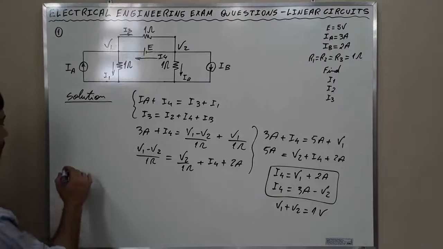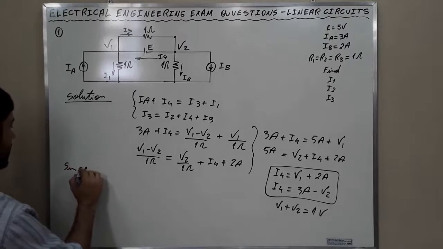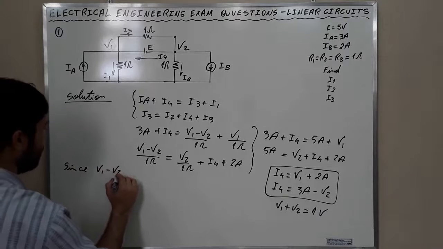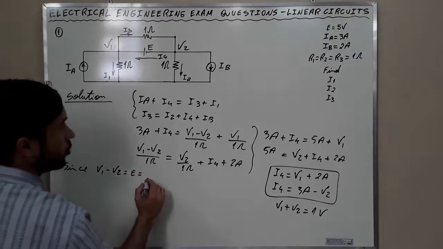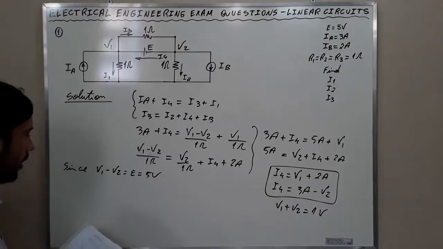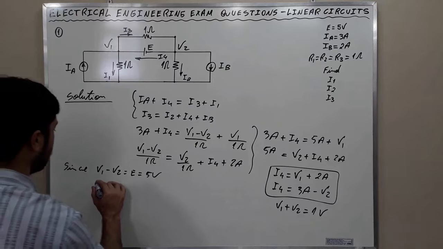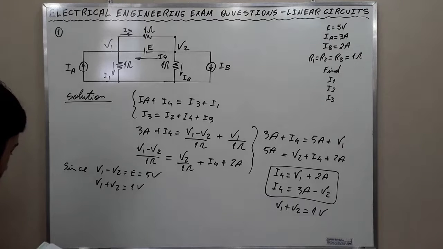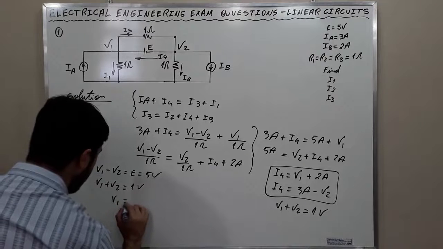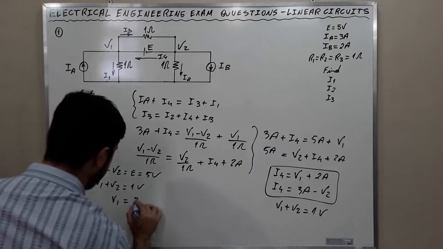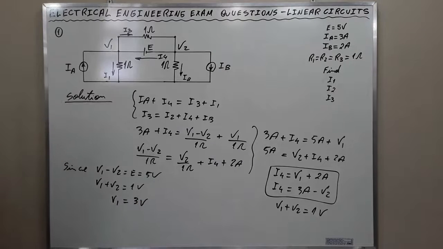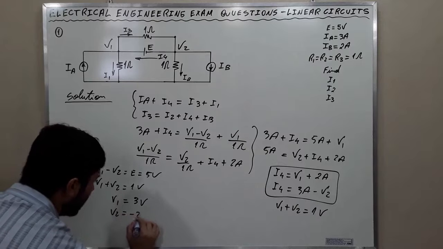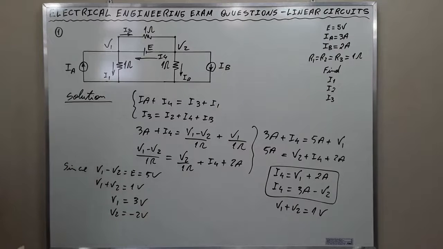And since the exercise gave us that V1 minus V2 is equal to E, which is equal to 5 volts, and we already know that V1 plus V2 is equal to 1 volt, we discover that V1 is equal to 3 volts, okay? V1 is equal to 3 volts, and V2 is equal to negative 2 volts, okay? V2 is equal to negative 2 volts, all right?